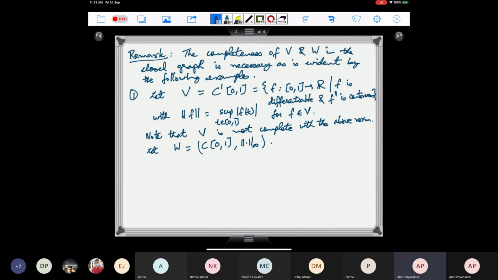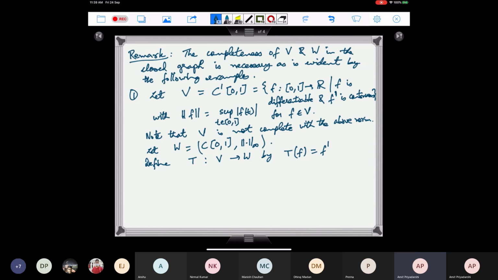So now what we can do, we can define a linear transformation from V to W. Define T from V to W by T(f) equal to f prime, because we are taking f in V, so that means that f prime is defined and f prime is continuous.